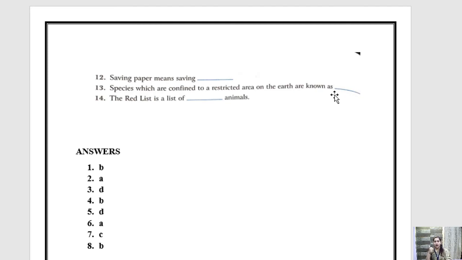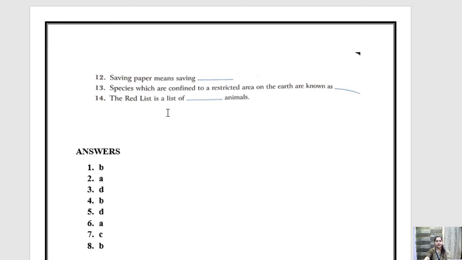Endangered species are those species that are on the verge of getting extinct. Extinct species are those species whose no individual is present on earth. Endemic species are the species that are only present in a particular restricted area. So the answer for 13th is endemic.